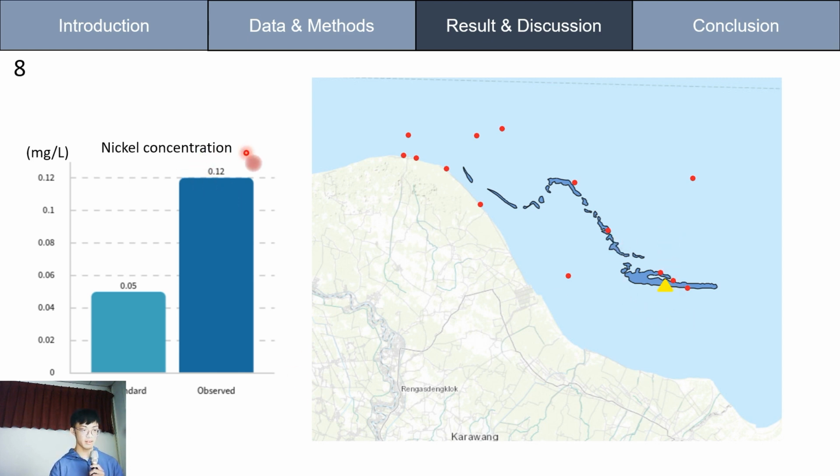This is the highest, which exceeded the environmental standard of 0.05 milligrams per liter. However, over time, the nickel concentrations gradually decreased until it became undetectable.